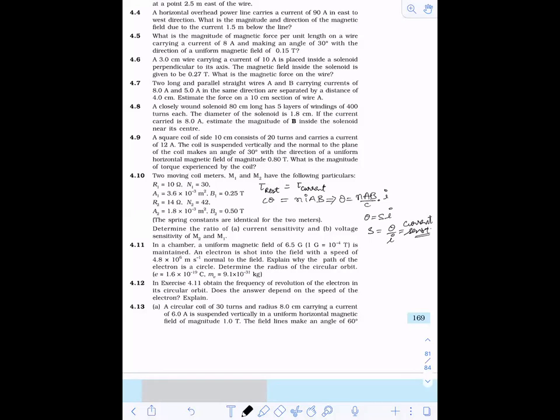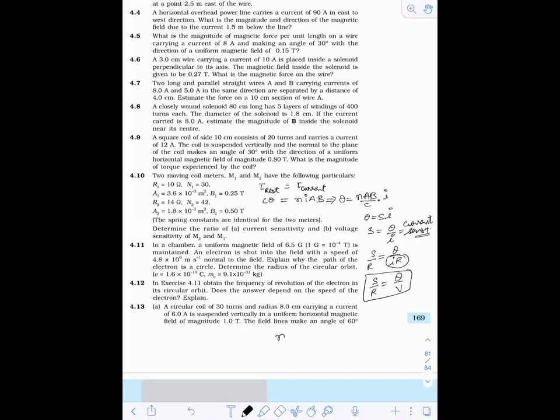Now, if I multiply this current by resistance, what will I get? Voltage. So I am dividing this equation by R. So theta by I into R. I into R, what do I get? Voltage. So this is now voltage sensitivity.